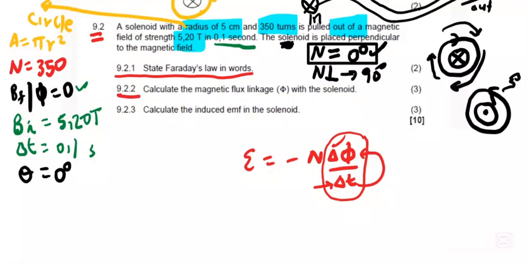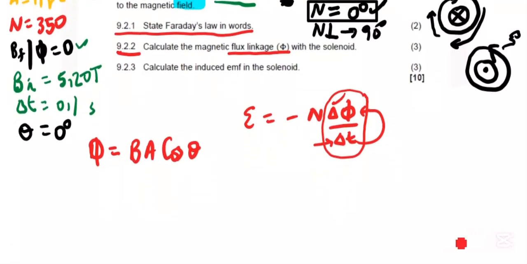Then the following question says calculate the magnetic flux linkage. The formula for calculating the magnetic flux was BA cos theta. So we have B as 5,20.